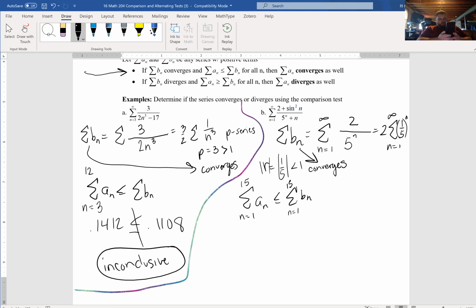Does this have a gigantic parenthesis all of a sudden? Okay. Divided by 5 to the n plus n.